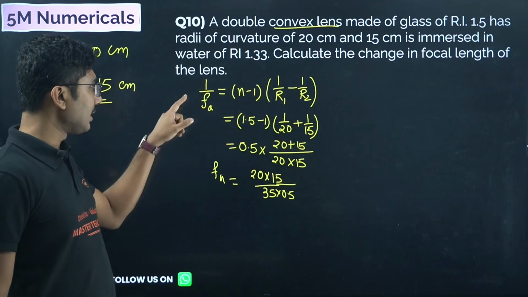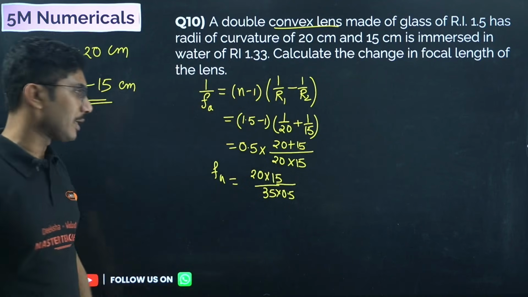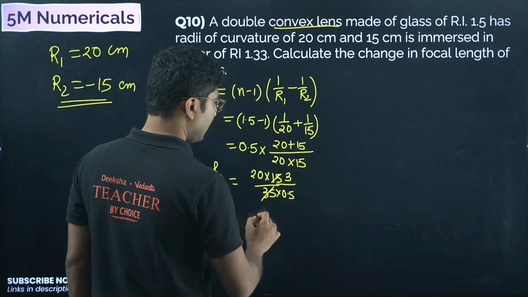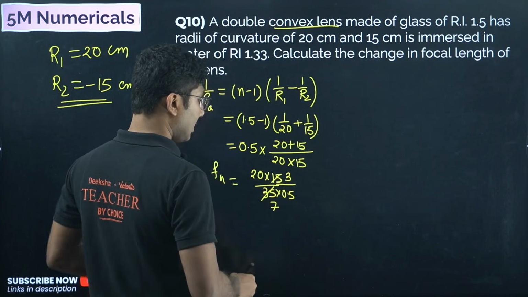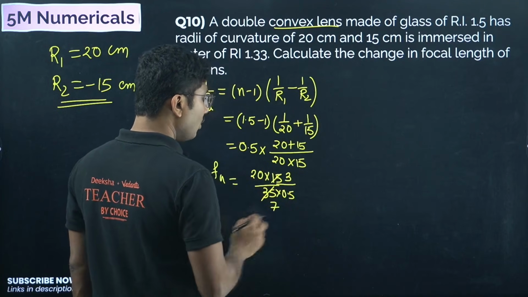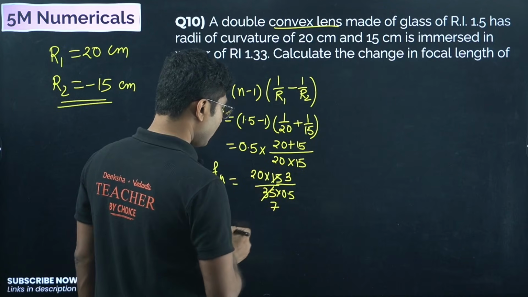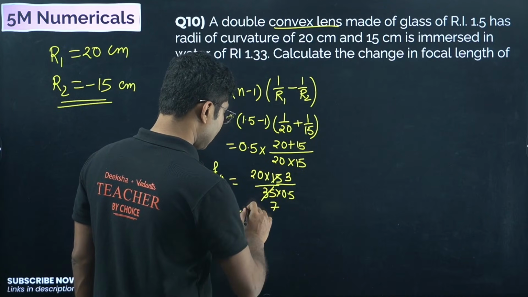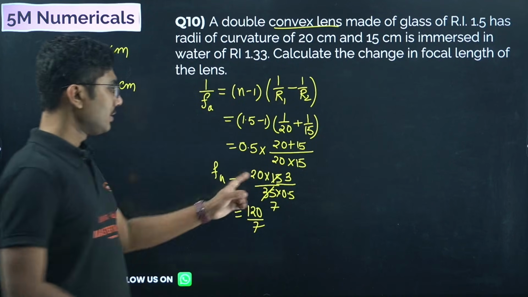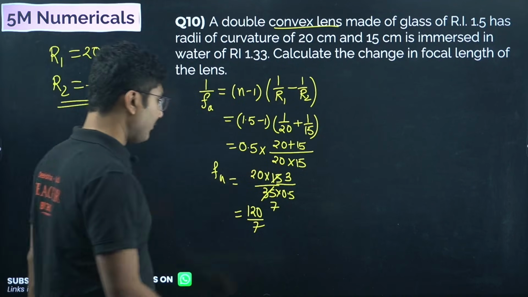Okay, we have to take the reciprocal because it is 1 by FA, right? So 3 5s are 15, 3 7s are 35, and 0.5 goes up and becomes 2. 2 into 20 means 40, so 120 divided by 7. Just use the calculator, you can calculate the value.